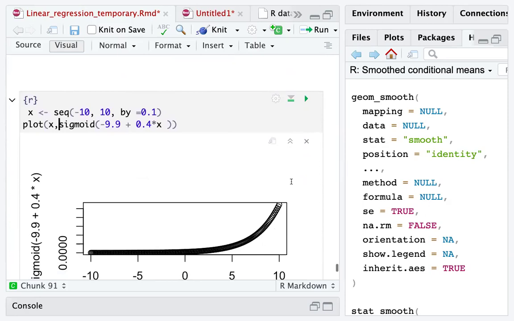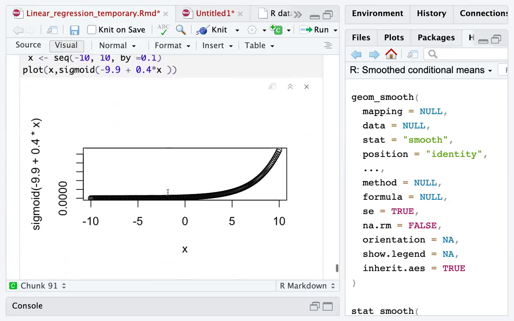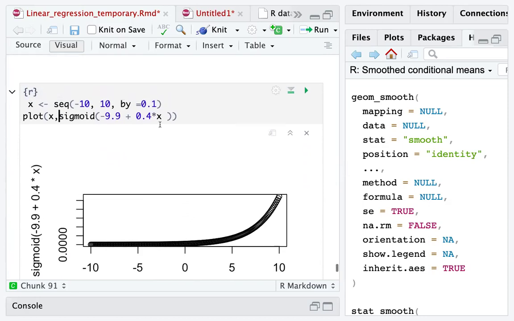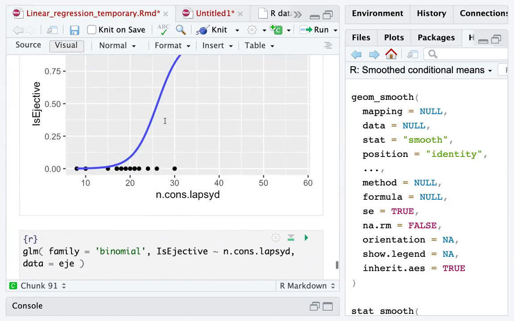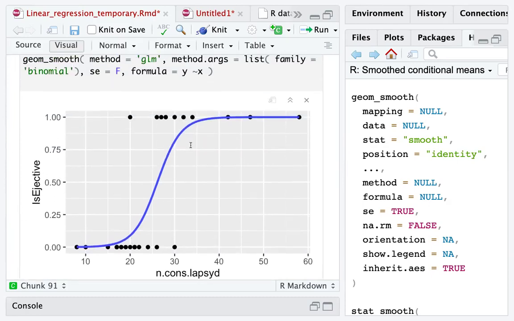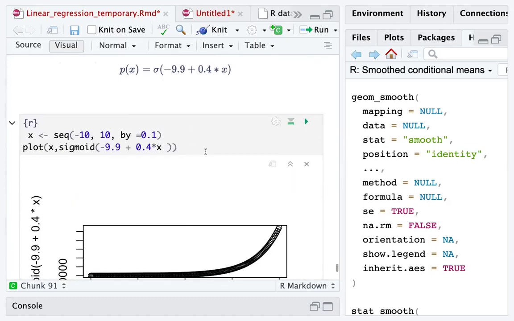Sigmoid. Okay, the y-axis is really concentrated, so we cannot see anything from here. Which makes sense because I have to set the limits of the axis.